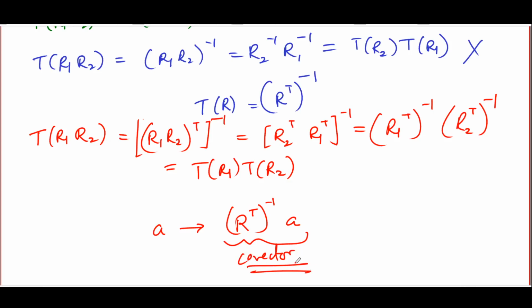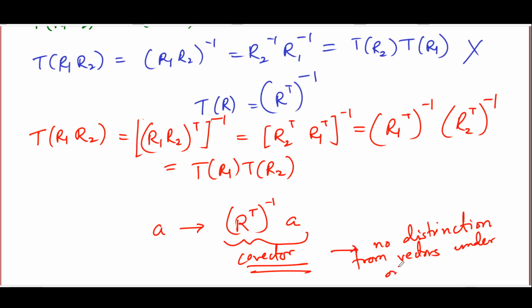And why did we not talk about covectors in our early exposures to the subject? The answer is, if we are sticking to rotations and rotations alone, the matrix R would be an orthogonal matrix. So R transpose inverse would be the same as R. So no distinction from vectors under orthogonal transformations.